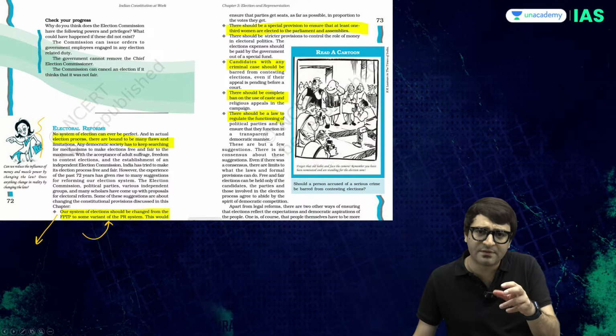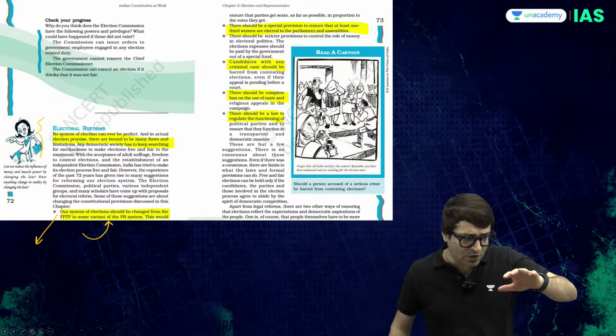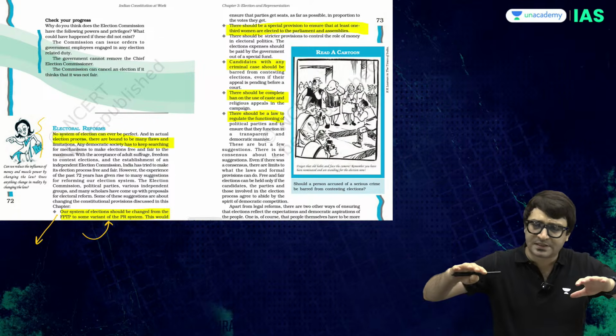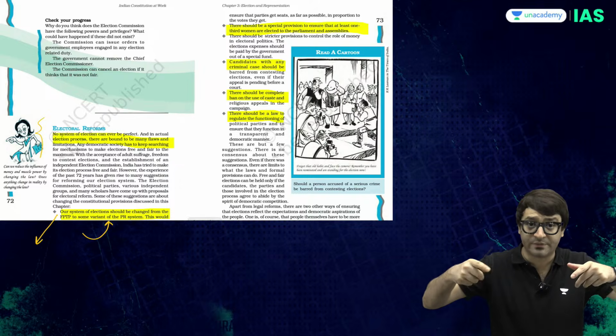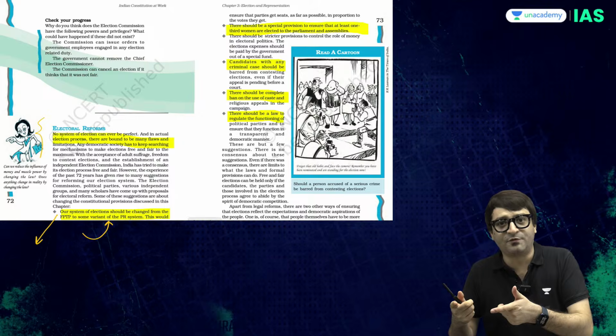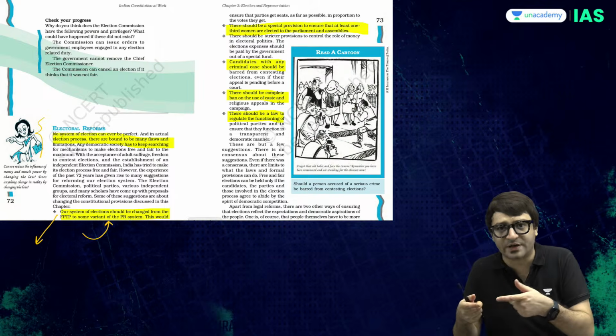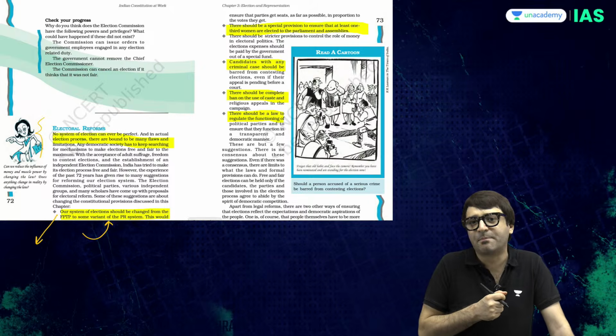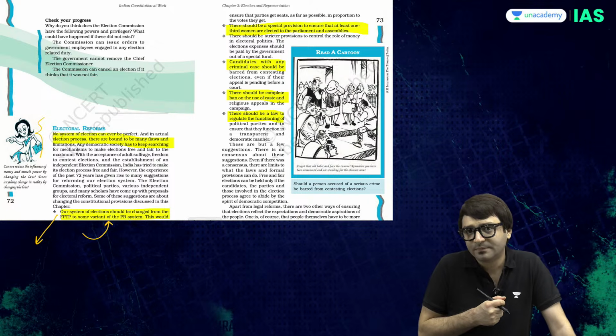Maybe we can have a mix. Some constituencies should be first past the post system based, and there should be some seats which should be given to political parties based on their performance in the elections, based on proportional representation system.